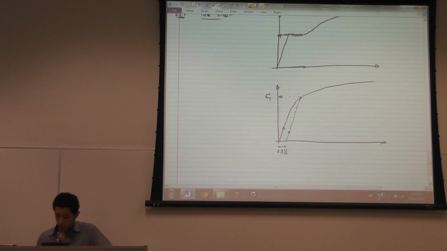The CSA code for pipelines defines yield as: take 0.5% and check vertical, and this is your yield stress.